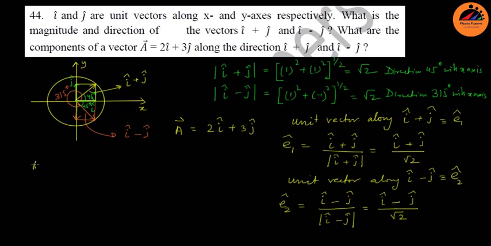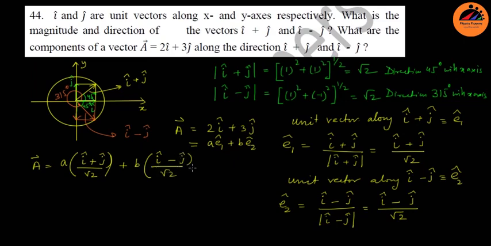Okay. So A is equal to some constant a times i cap plus j cap by root 2. So what I mean to say is A should be written in this form: a times e1 cap plus b times e2 cap, right? So this is a e1 cap, plus b times e2 cap, which is i cap minus j cap by root 2.